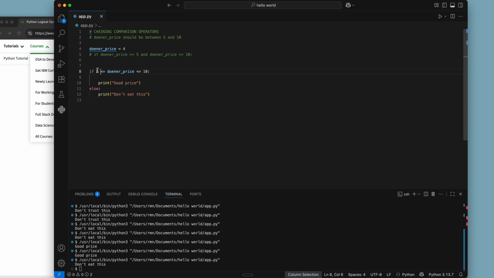And then if the Döner price is smaller or equal to 10, then it's also a good price. But if it's outside of this condition, outside of this range, so that's really how you can think about it, then it's a do not eat this. Okay.